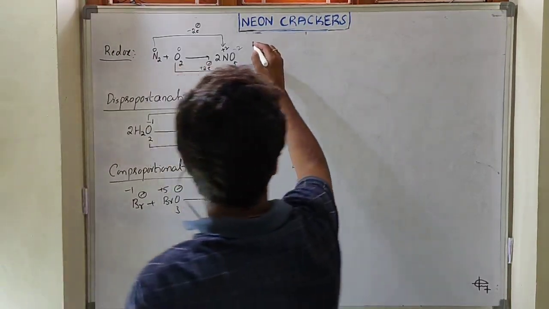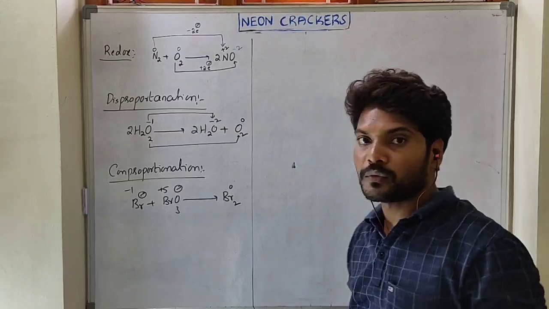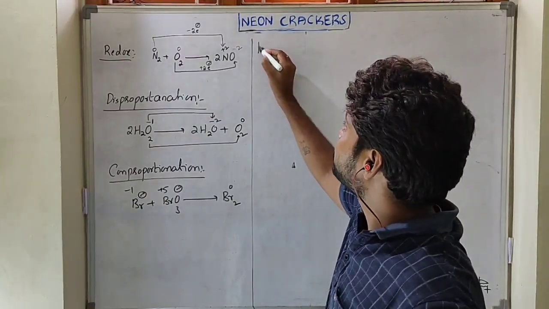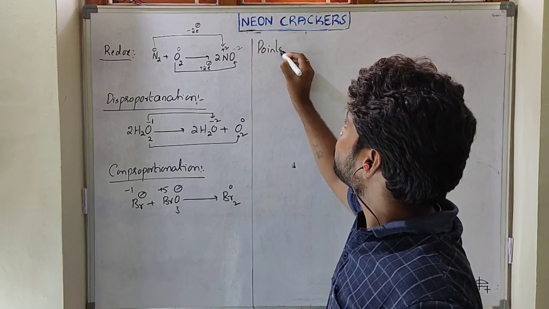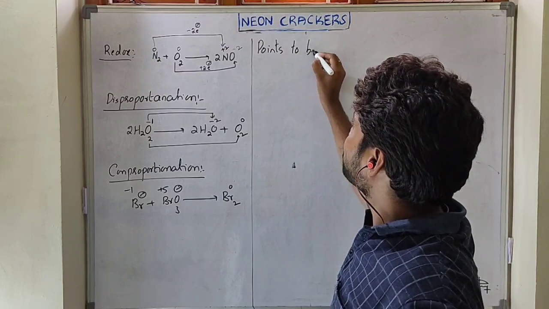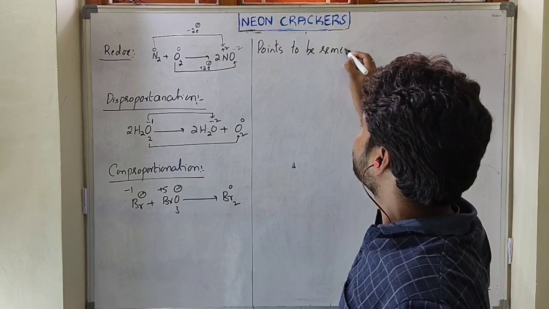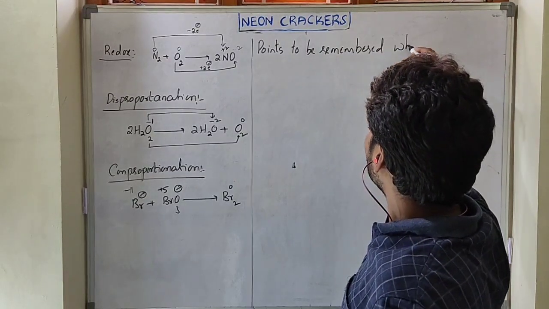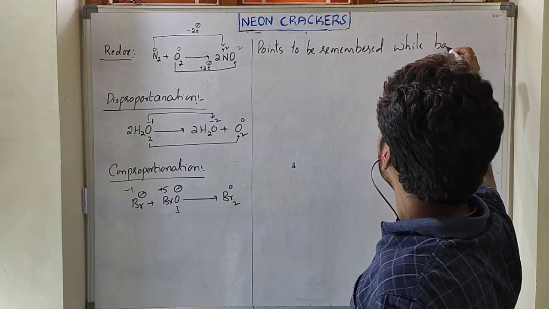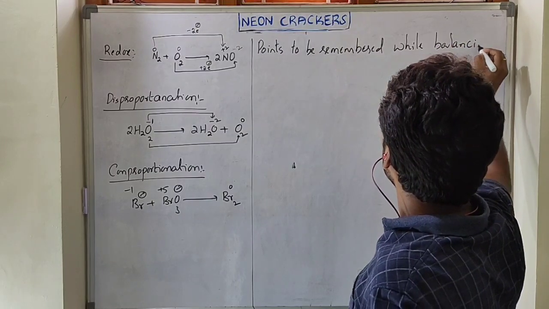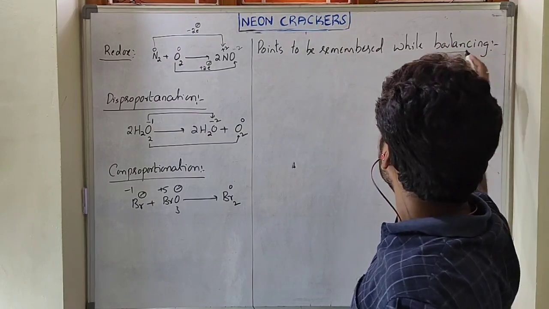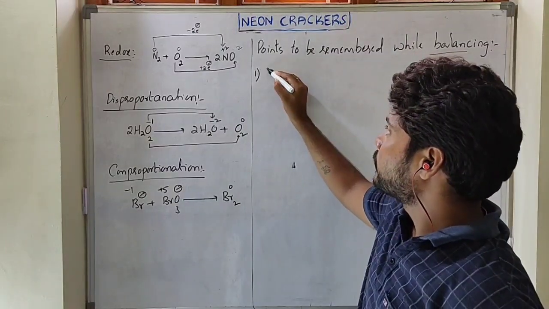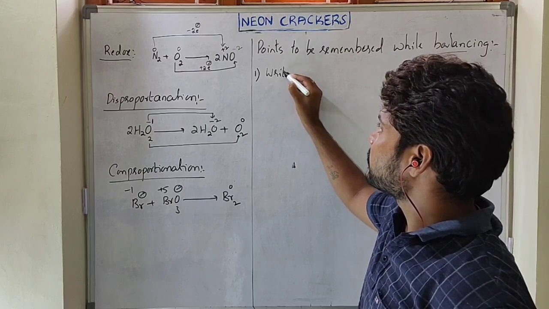Now let's see what rules we have to follow to balance a redox reaction. Points to be remembered while balancing a redox reaction. First point, we should write separate equations.